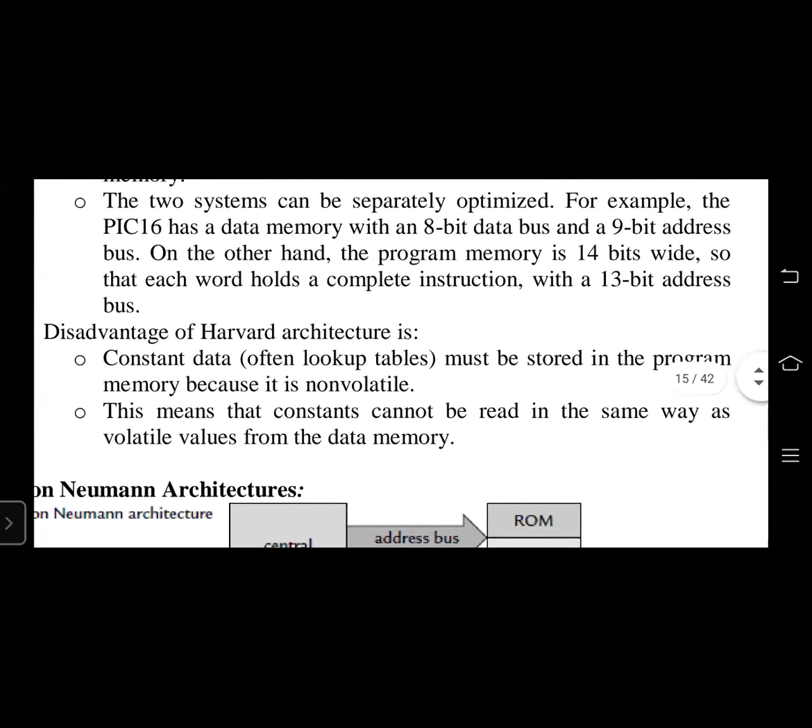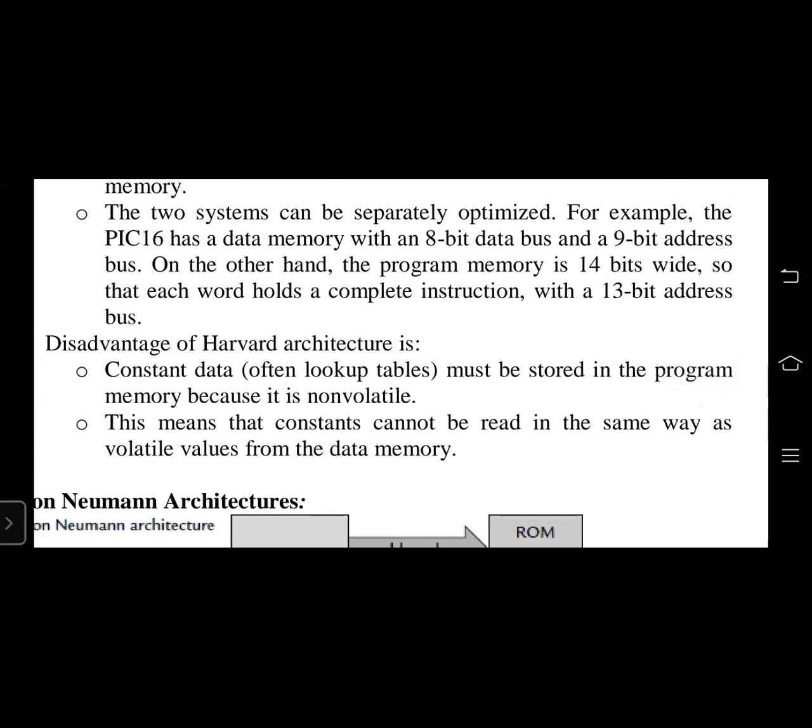Then the next point is that the two systems can be separately optimized. For example, the PIC16 has a data memory with an 8-bit data bus and a 9-bit address bus. PIC16 is one family of microcontrollers.